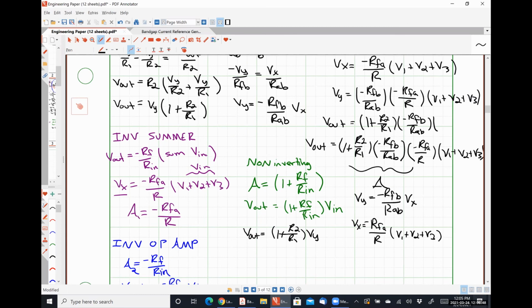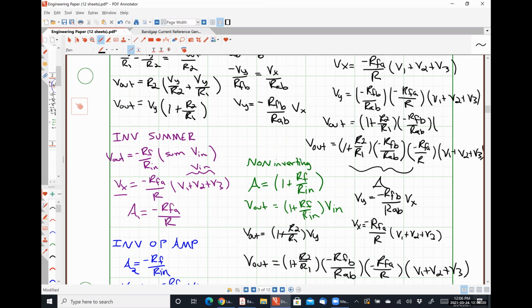We can just plug all of these back in and say V out equals 1 plus R2 over R1 times negative RFB over RAB times negative RFA over R times V1 plus V2 plus V3.